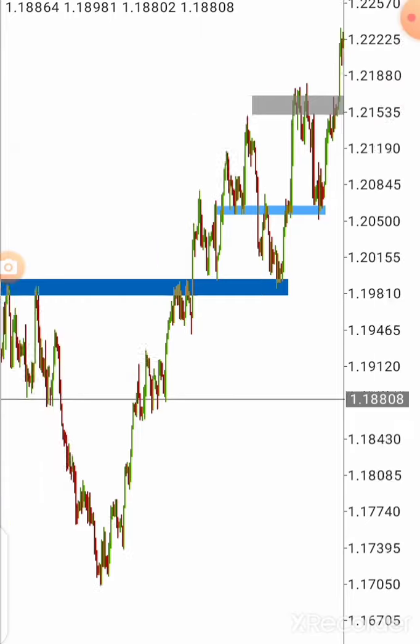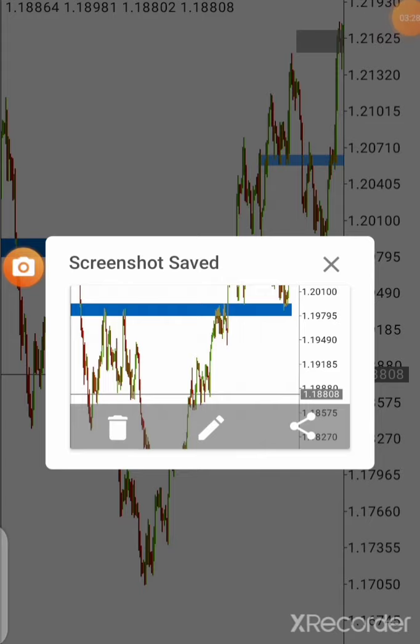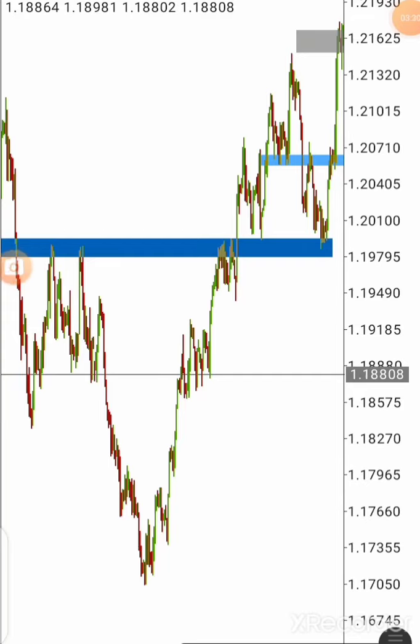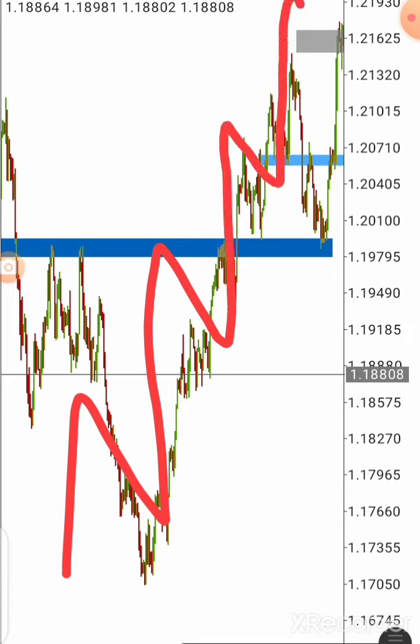Now, I told you about waves in the market, something like this. I said the market doesn't go in a straight line. For the uptrend, you have higher highs created, and higher lows.